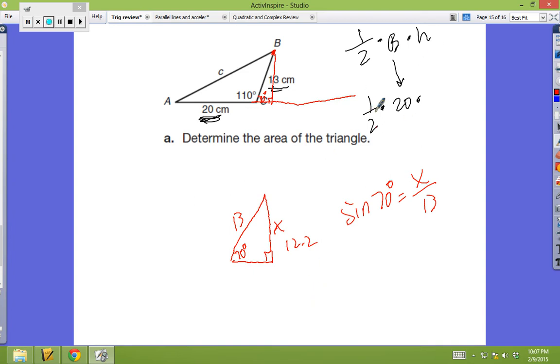So I'm going to take 1/2 times the base times the height, which is 12.2, and that is the area. And I get area is about 122 centimeters squared.